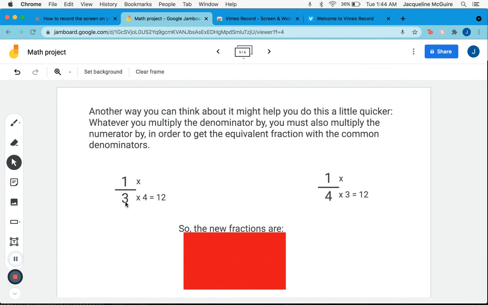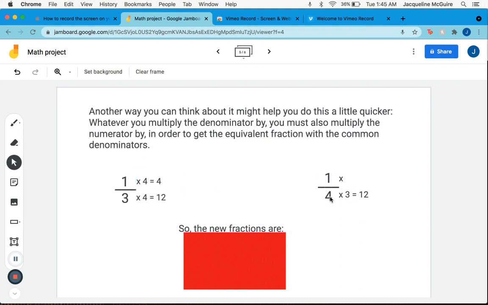So we knew that in order to get to 12 from 3, we just have to multiply by 4. So, because we multiply by 4 over here, we're going to do the exact same thing to the numerator. So we're going to multiply by 4, which is going to equal 1 times 4 equals 4.